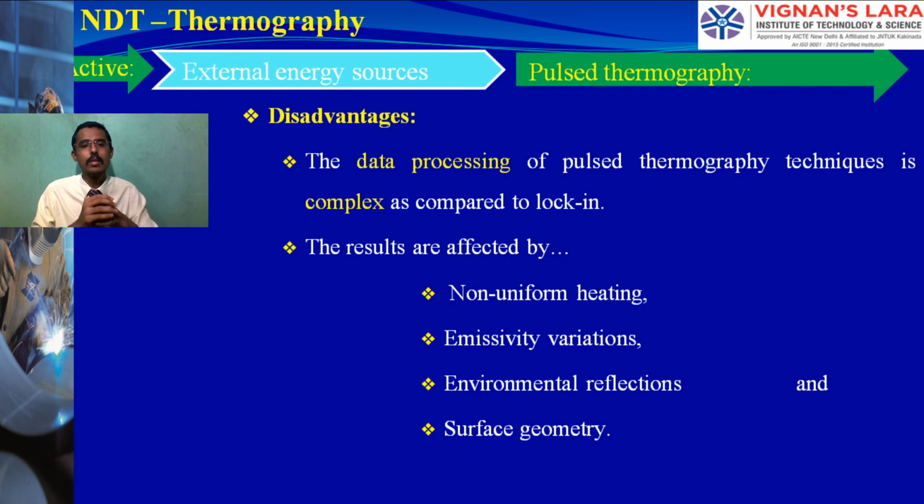So it gives a result even with non-uniform heating. That is a disadvantage I am saying. Any variations in the heating or environmental reflections also affect it, because conduction and convection happen immediately on the specimen. All these things can affect our readings.